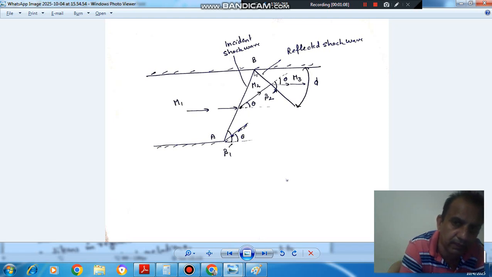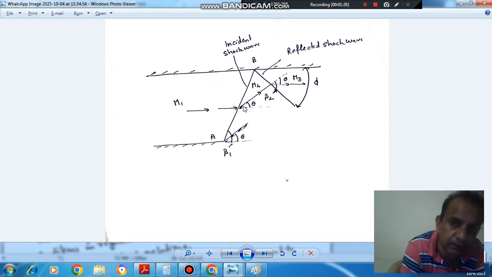So now this shock wave will strike the wall at point B and get reflected. The reflection of this shock wave will be such that the Mach number after the reflected shock becomes M3, and the flow becomes parallel to the wall.